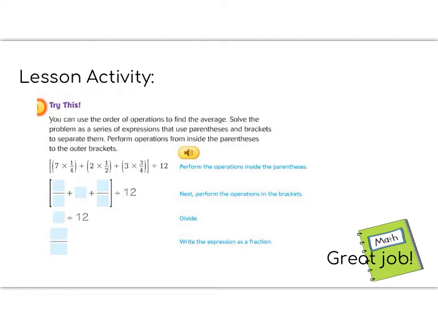So first off, 7 times 1/4. 7 times 1 is 7, and then 4 goes on the bottom. 2 times 1/2: 2 times 1 is 2, and 2 over 2 equals 1. Then 3 times 3 equals 9, and the bottom number stays the same, 4.